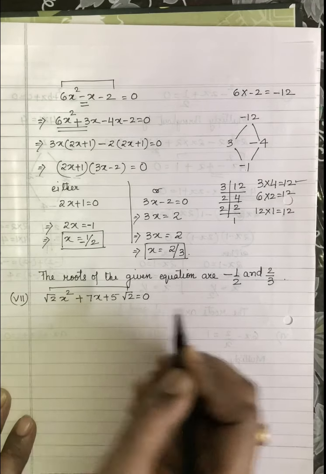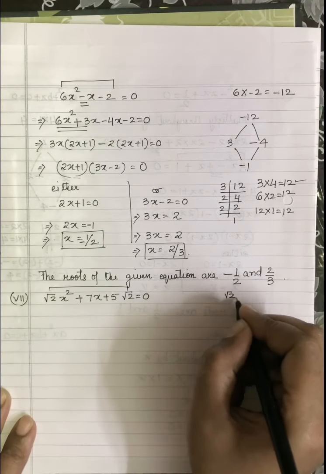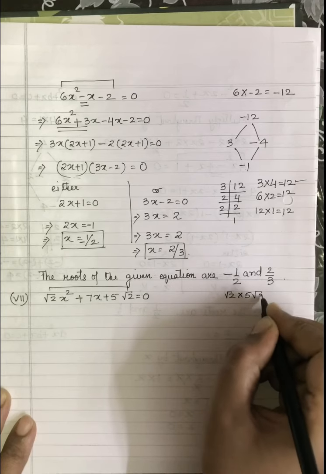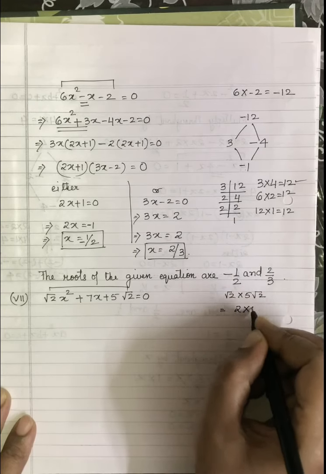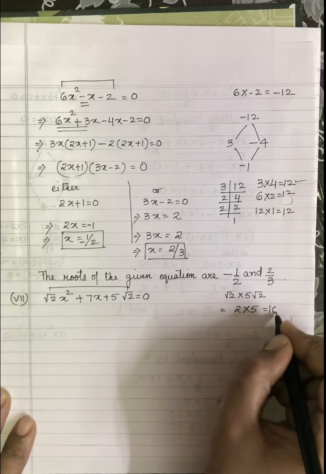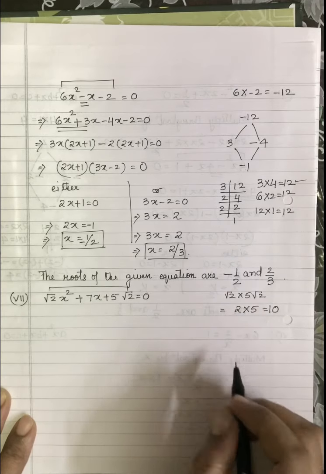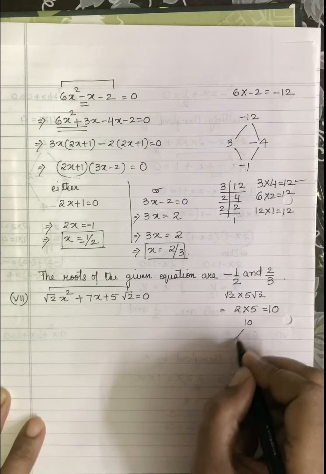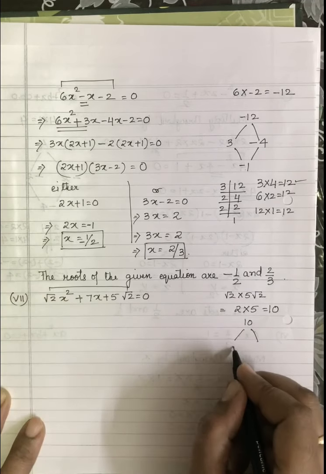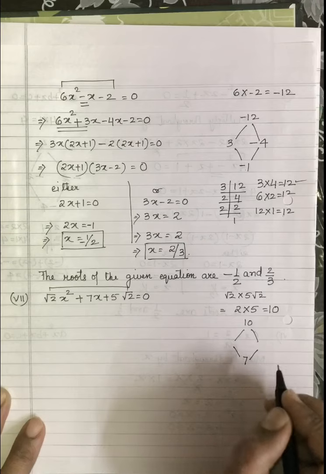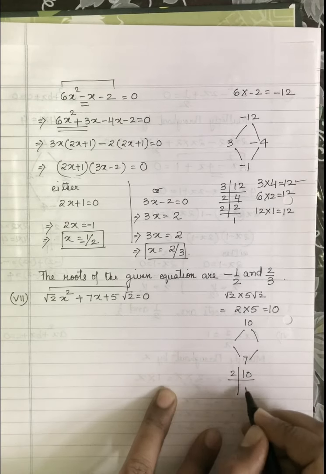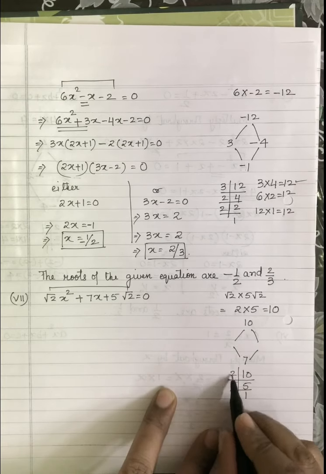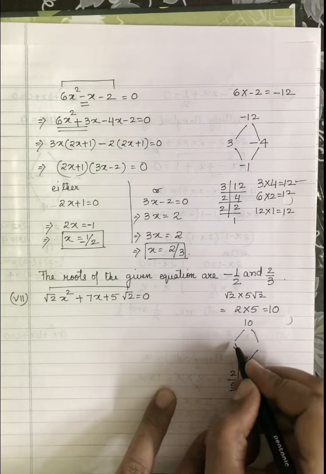So the extremes, root 2 multiplied by 5 root 2 gives you root 2 into root 2 is 2, children, multiplied by 5, that is equal to 10. Okay, so 10 and the middle one is 7. So if you see 10, 2 5s are 10 and 10 1s are 10. So 5 and 2 are the pairs.